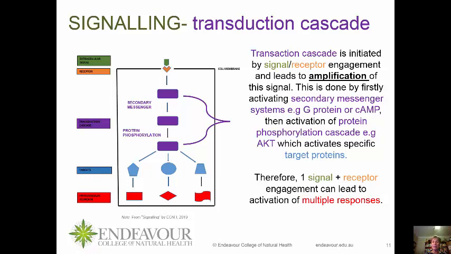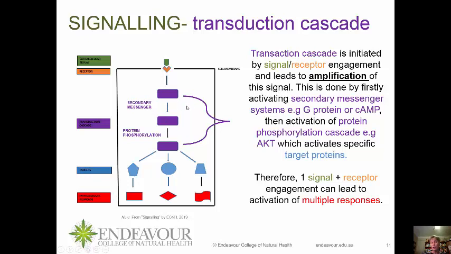So what happens in this transduction cascade, this purple section here? First of all, it activates something called a second messenger system. The signal is a molecule, be it a neurotransmitter or a hormone, and it attaches to the receptor, and that sets in play the transduction cascade. First off, you have a secondary messenger system.